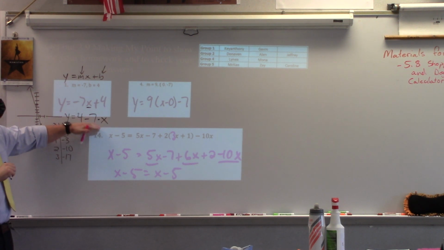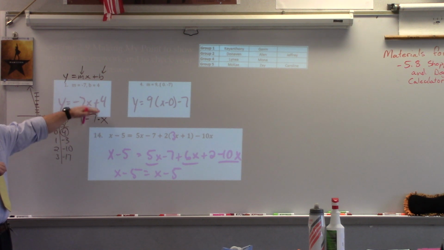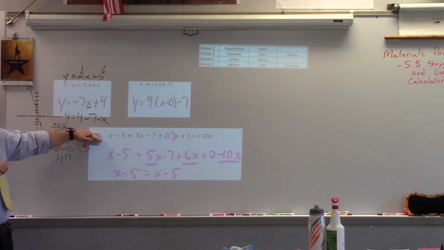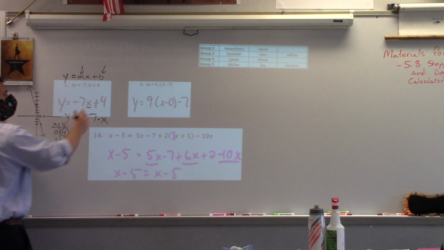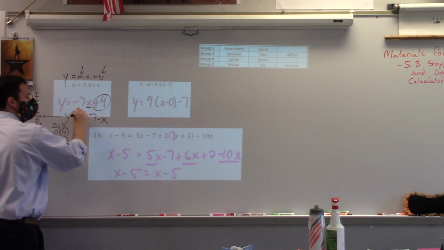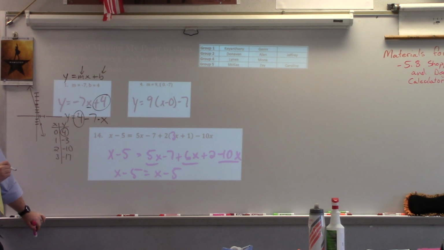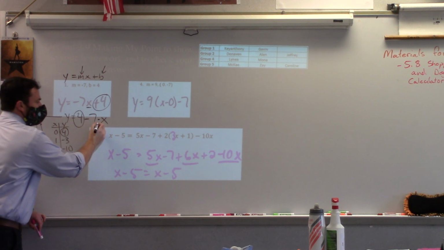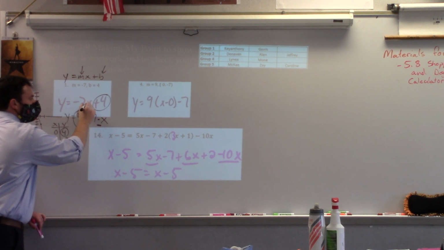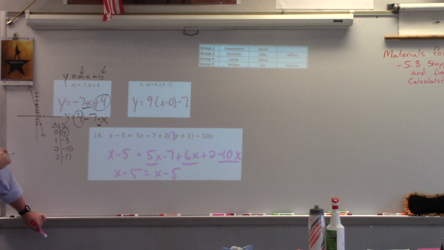I want you to look at these two equations. Are they different? I want you to think about it. The 4 is positive. Is this 4 positive? Yeah. It is the same, right? It's just swapped. It's still a starting point of 4, a y-intercept of 4. I have multiplication, so what am I repeatedly doing? Multiplication is repeated addition.